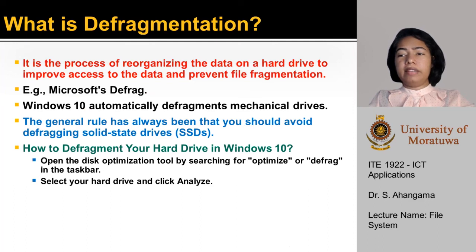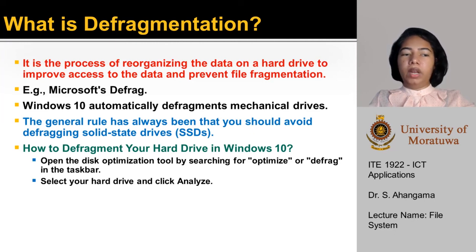So then what is defragmentation? Defragmentation is the process of reorganizing the data on a hard drive to improve the access to the data and prevent file fragmentation. For example, we can consider the defragmentation utility in Windows, that is Microsoft's defrag. Windows 10 automatically defragments mechanical drives.